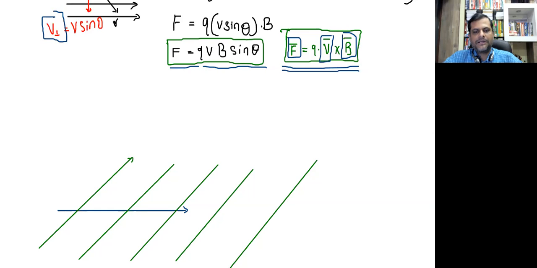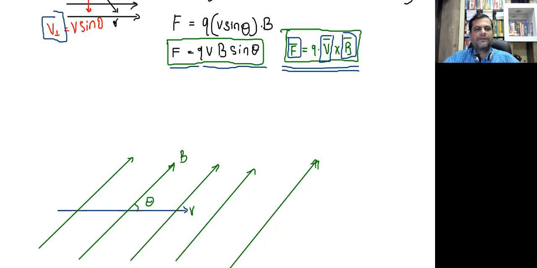Okay, the particle is moving in a region where the magnetic induction is inclined in this direction, and if we call its value B, then this magnetic induction will be making some angle with the direction of velocity v, right? Let us take it as theta. In this case we can again consider the magnetic induction to be made up of two components, one vertical and the other horizontal.